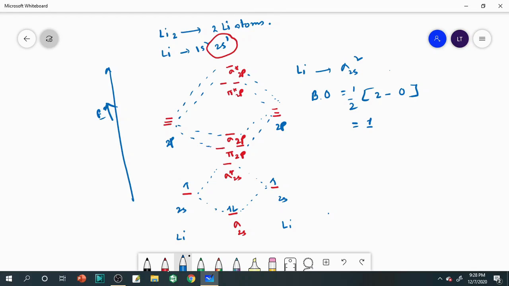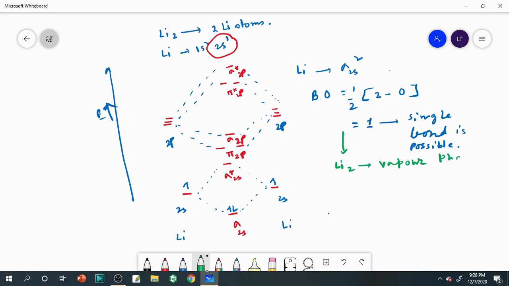So a single bond is possible between 2 lithium atoms. Thus its formation is possible, and indeed the Li2 species has been detected in the vapor phase. So we are predicting its existence from molecular orbital theory, and it has really been realized in experiment.